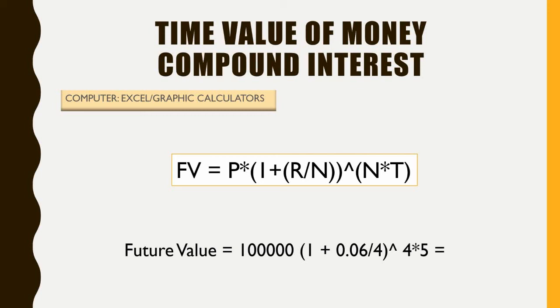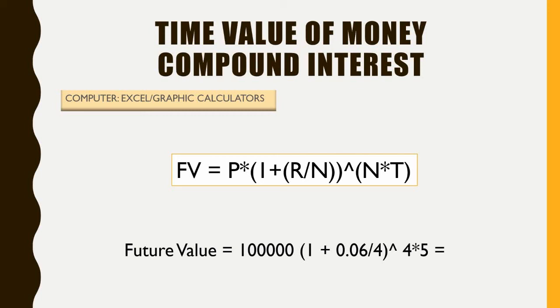You're going to put your slash for division, then your number of times compounded. Close the parentheses twice. And then you're going to do a caret, which is Control Shift 6 on your keyboard. That's to show you that you're exponenting it, meaning you're multiplying it by itself.